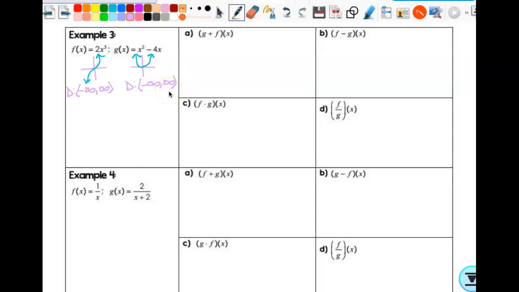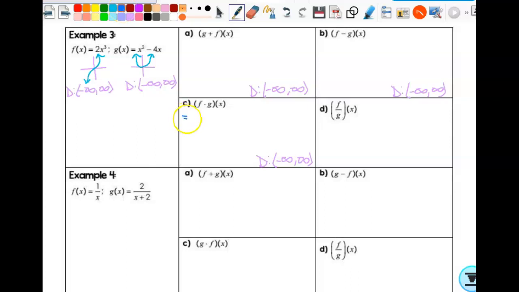So that means the domains for the first 3 are just negative infinity to infinity for all 3 of these. We're going to skip A and B just because we don't need to do every single one of these. We're going to start with C.